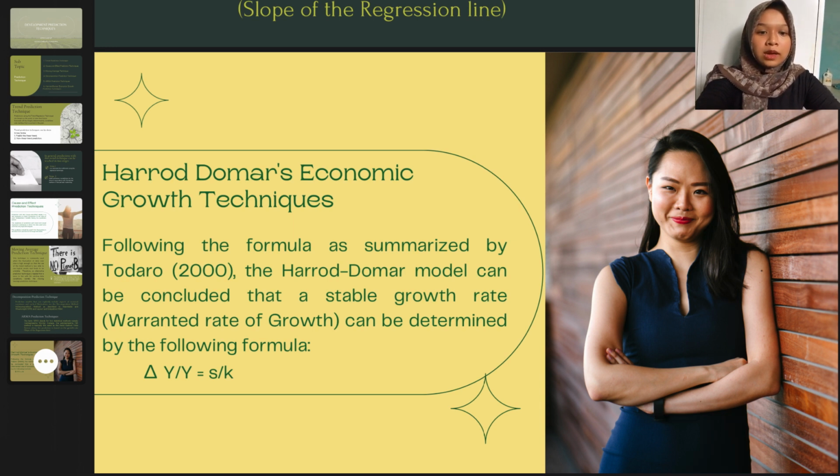Following the formula as summarized by Todaro in 2000, the Harrod-Domar model can be concluded that a stable growth rate, or warranted rate of growth, can be determined by the following formula: delta Y divided by Y equals s divided by k.